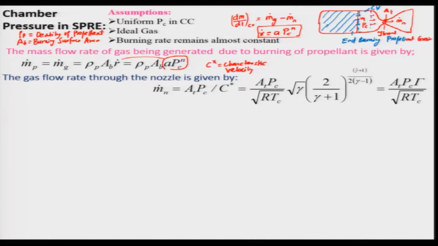Keep in mind that as we are using an ideal gas, we can consider a certain gamma which will remain constant throughout, that means the property is not changing along the length of the combustor, and this portion we call basically capital Gamma.